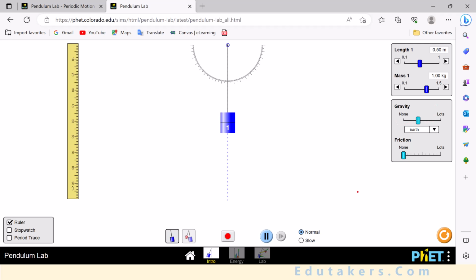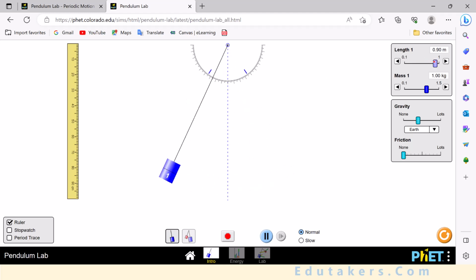Gravity is normal. Then if I start its motion, what will happen in this case? The time taken by the pendulum to complete one swing is basically the time period. Now what would be the effect of changing the length?